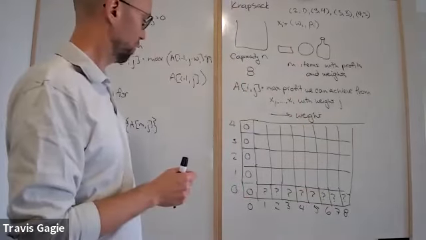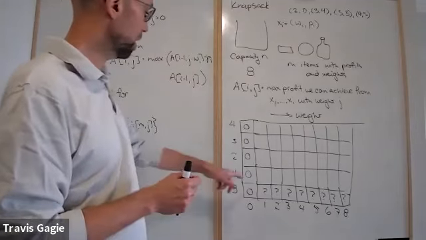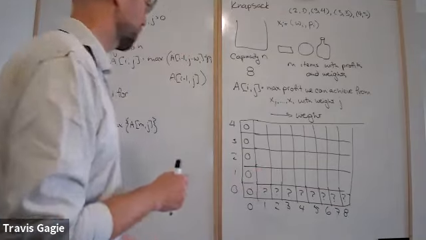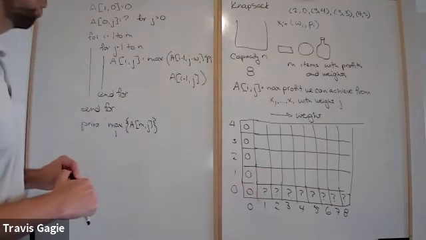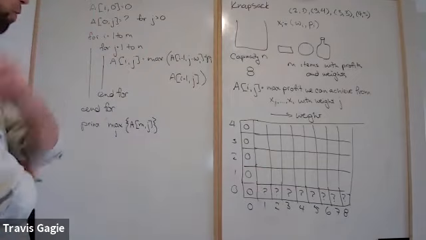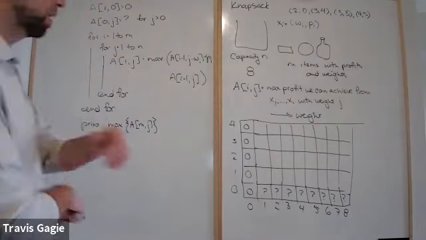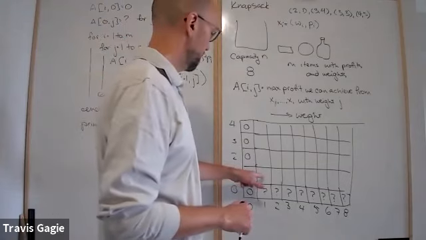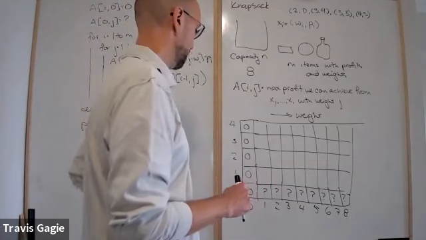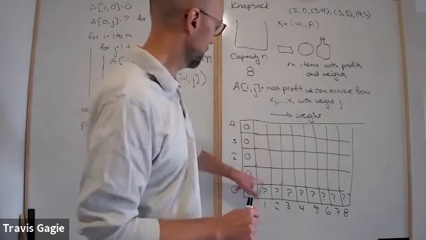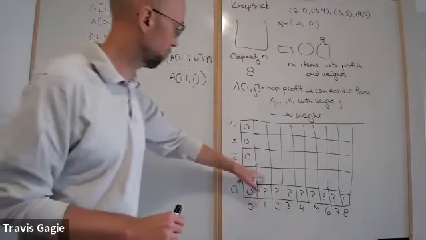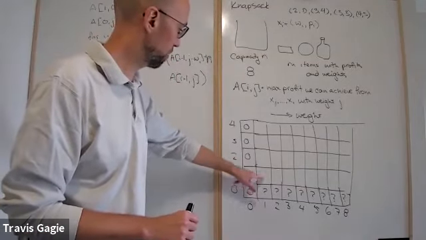Okay, so let's fill in some of these. What can we get? What's the maximum profit we can get from taking x1, trying to get weight exactly 1? This is not defined because we subtract, right? This is i minus 1, so that's fine.